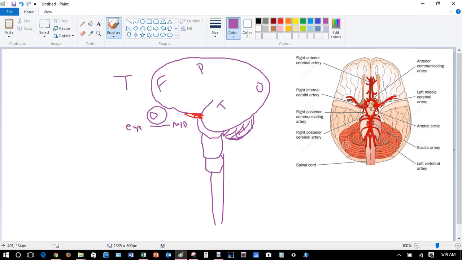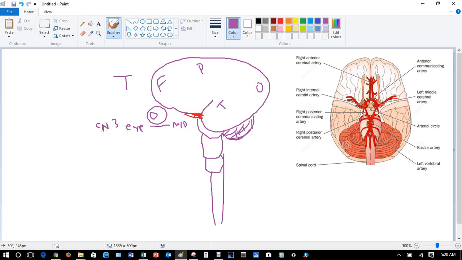The reason for that is that cranial nerve 3, usually these are Roman numerals, but I'm just going to use normal numbers, cranial nerve 3 is called the oculomotor nerve, and it's also associated with the Edinger-Westphal nucleus. And so it's going to have to do with most of the movements of the eye. Most of the muscles of the eye are innervated by 3, except for 6, which abducts the eye, and 4, which is trochlear, which kind of points the eye down towards the nose. But most of it is 3, most of the eye movements.